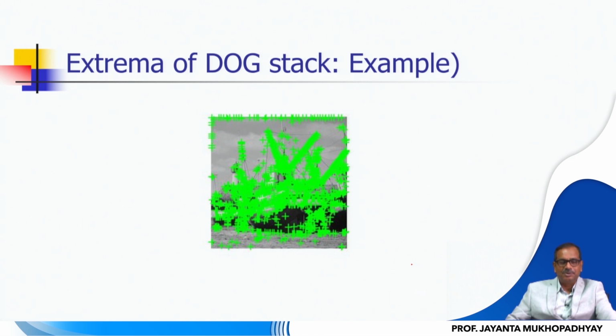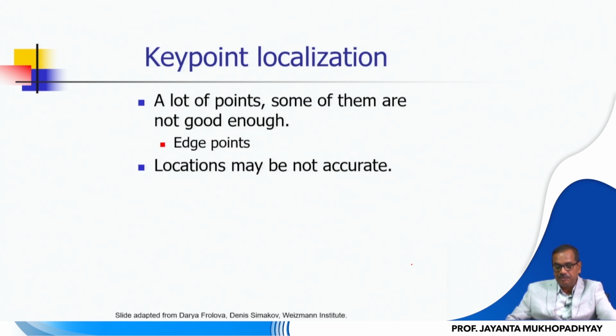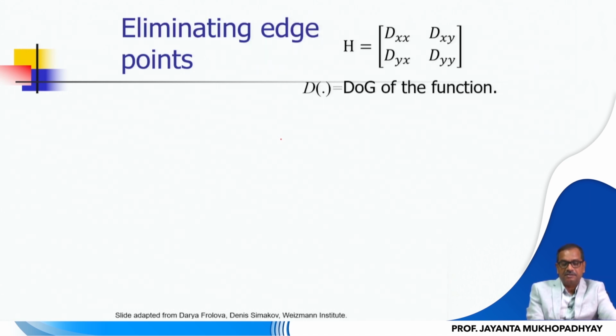So what you should do is consider the most robust points. Actually many edge points are also coming. If you remove them, then you will get a further reduced set, which is more robust. So the first thing is that edge points need to be removed, and locations also may not be accurate, and for that you have to consider certain things.